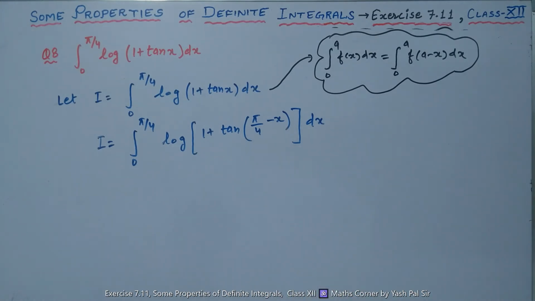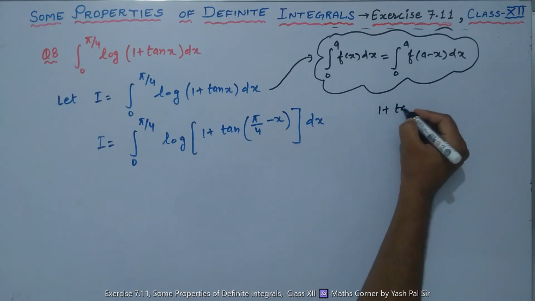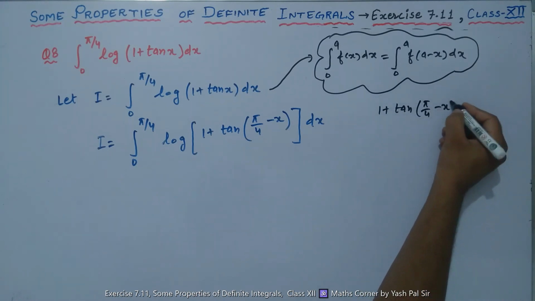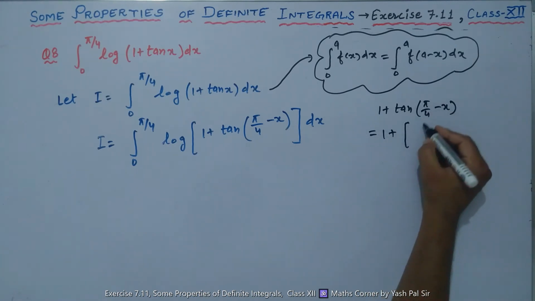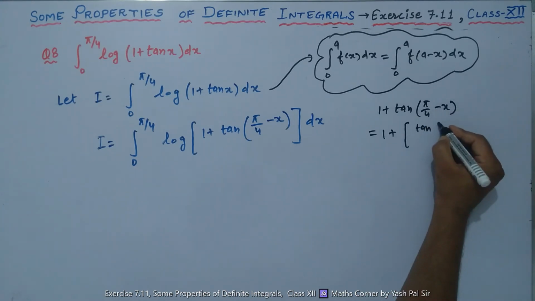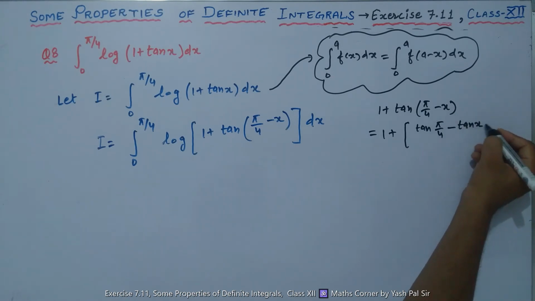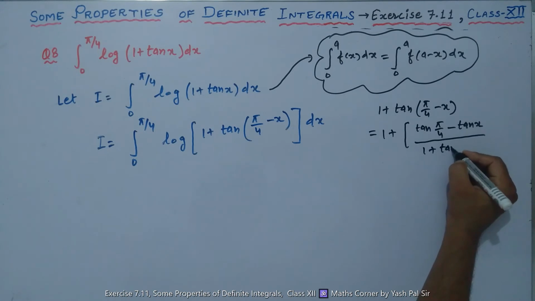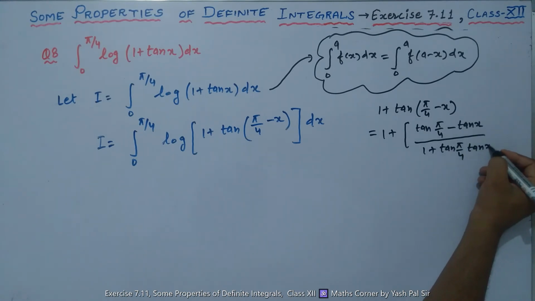Now what we know about this 1 plus tangent of pi by 4 minus x: this means 1 plus tangent a minus b, that is tangent pi by 4 minus tangent x whole divided by 1 plus tangent pi by 4 into tangent x.